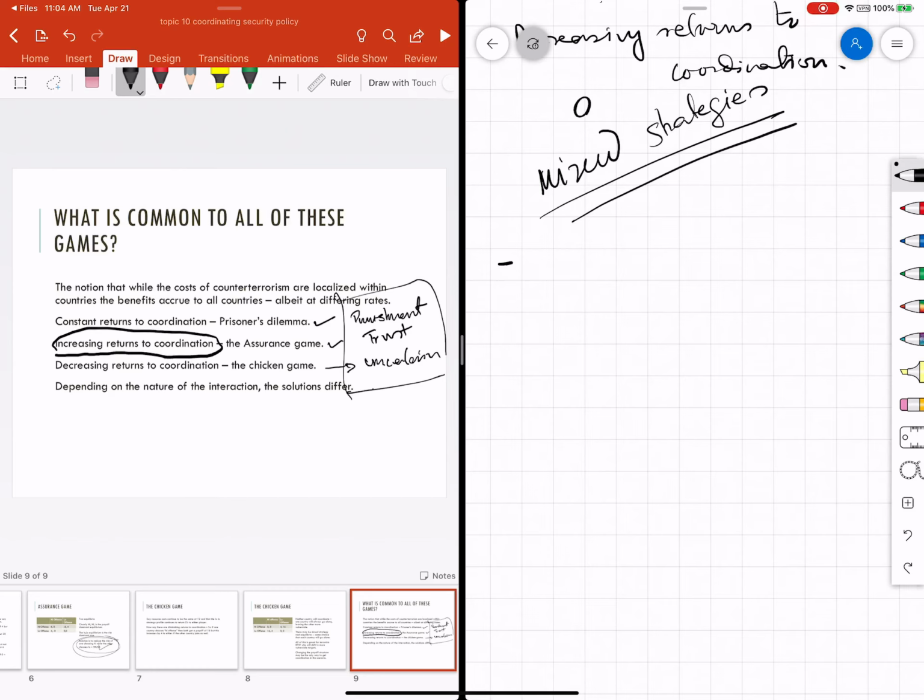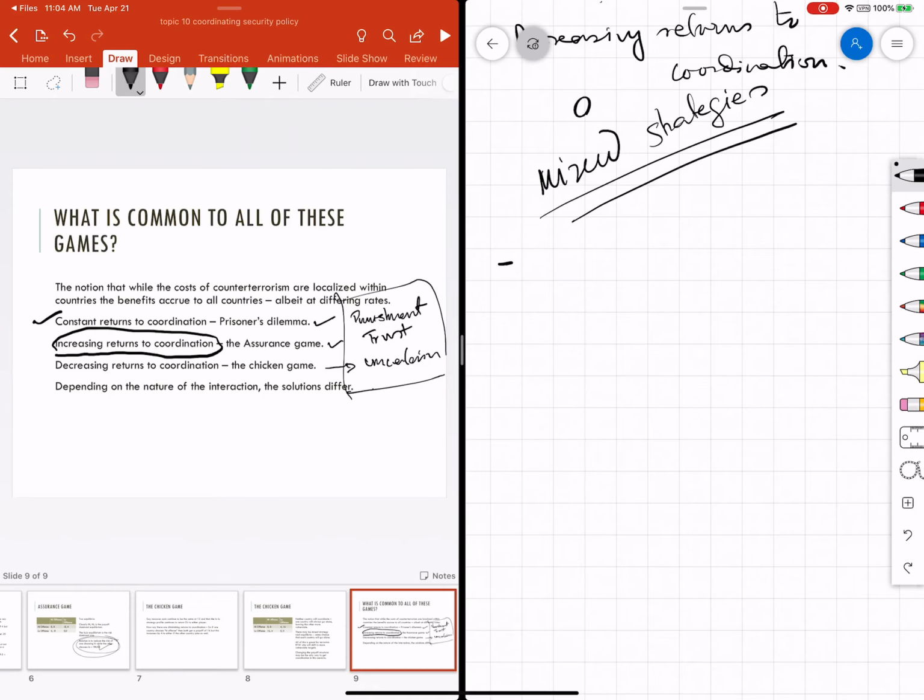Yeah? So here's the thing. Remember, in the Soviet era, one might argue that there were increasing returns to coordination. And there, NATO was built on trust. Now, though, with the lessening of the Soviet threat or the Russian threat, it's still there, but not nearly as much. Maybe there's constant returns to coordination.